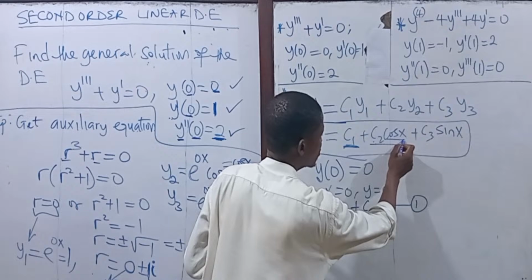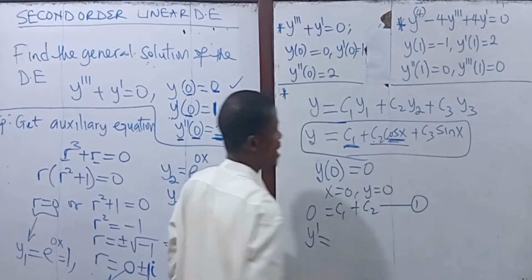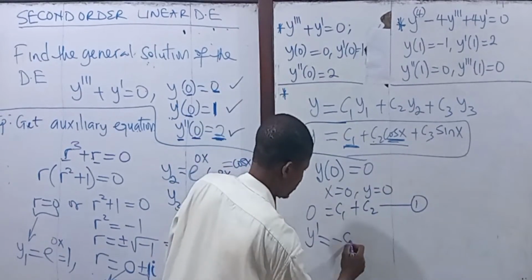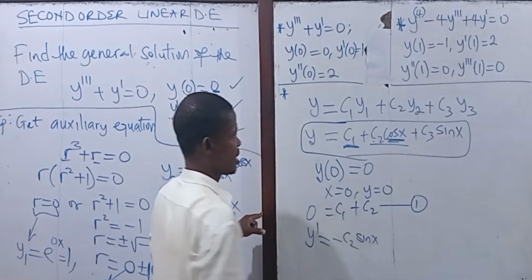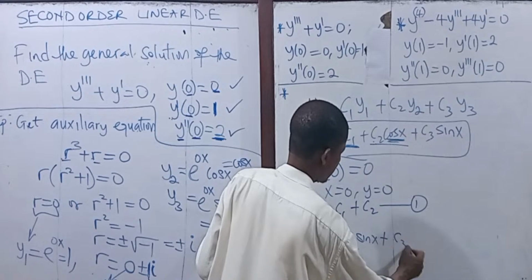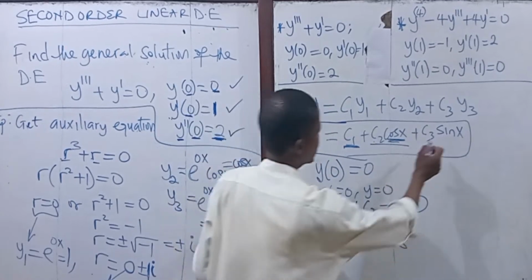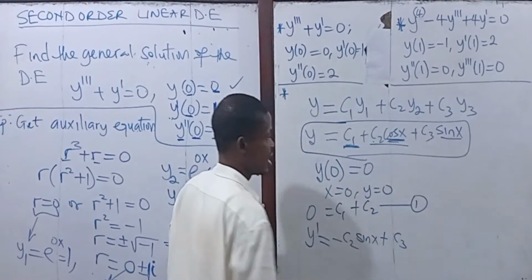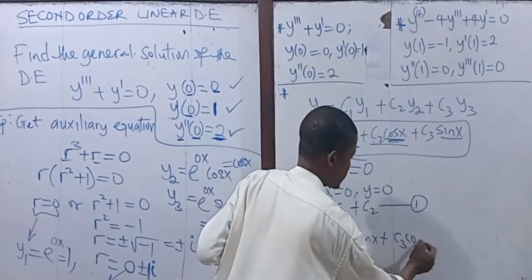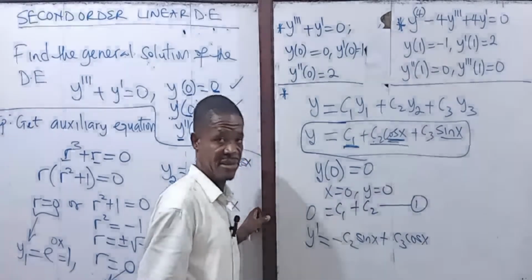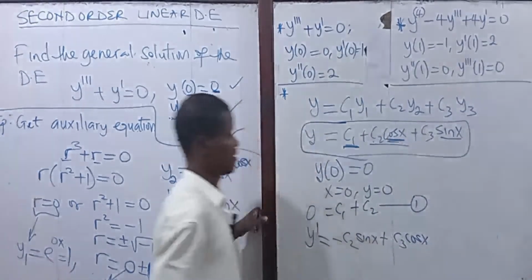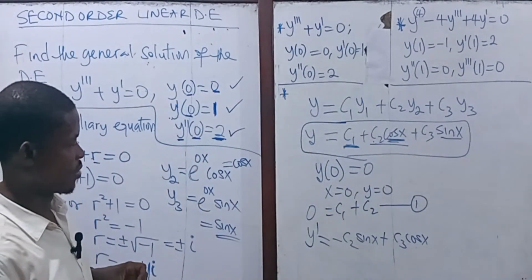When you differentiate cosine, that will be minus C2 sin x. And then plus C3 cos x, because when you differentiate sin x, it gives you cos x.